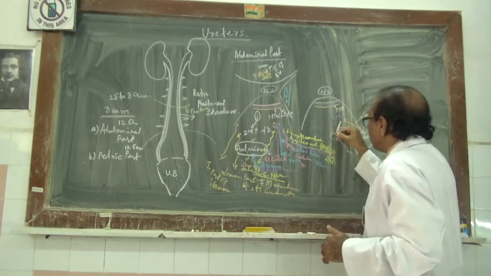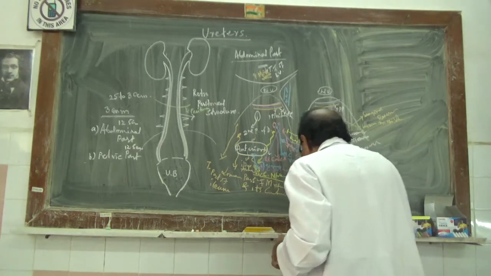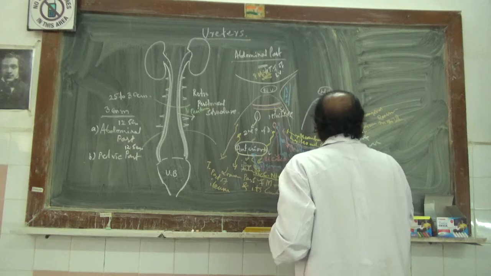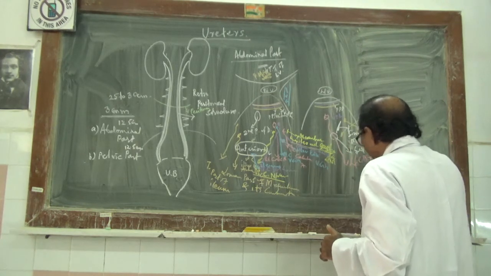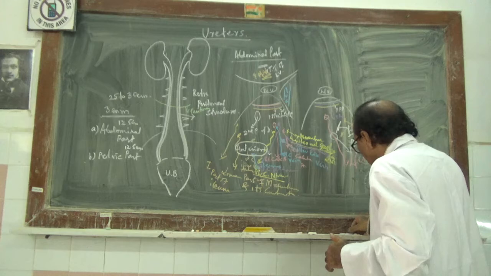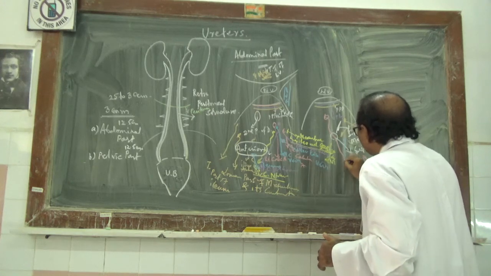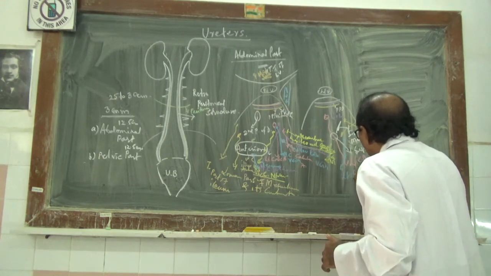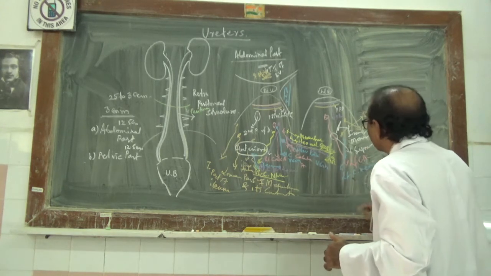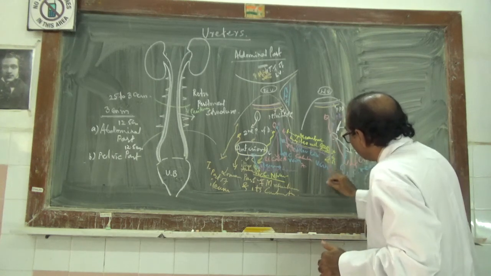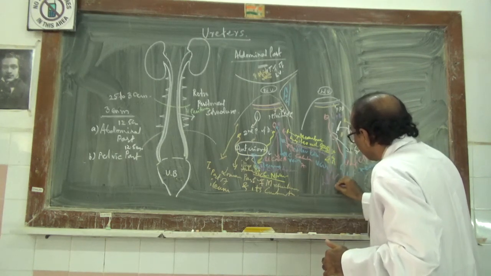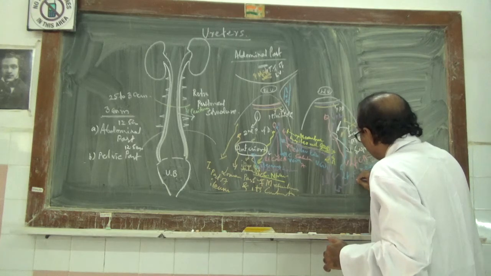Apart from this, you will have arteries, that is the left colic artery, left colic veins, then the left colic group of lymph nodes, lymph vessels.